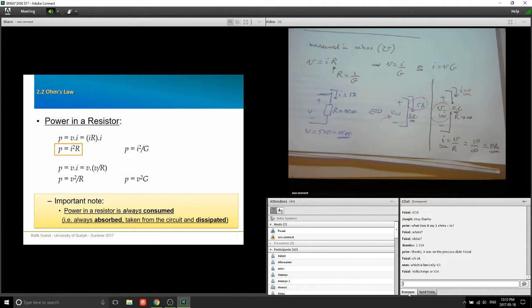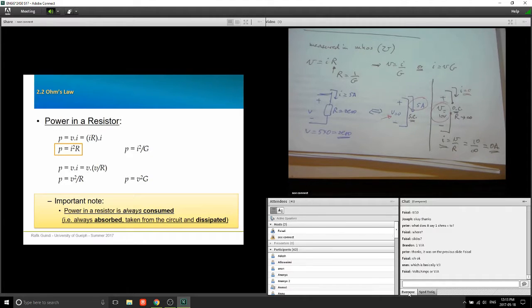So please never try to compute the power using I squared R in any element except a resistor. Because we inserted Ohm's law in here, and Ohm's law pertains only to resistors, right? If you want to use the general equation, P equals V times I, like we used in the example I did just a few minutes ago or last time, that's the generic formula.